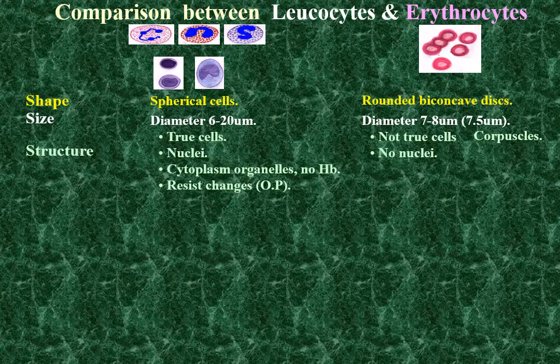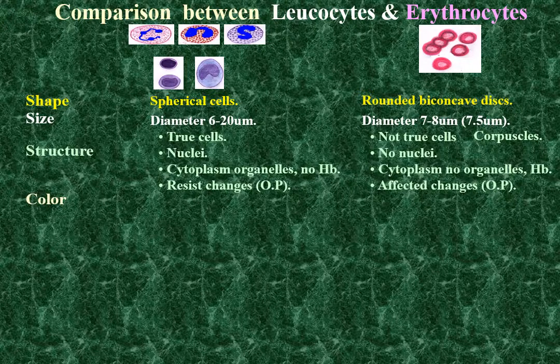Their cytoplasm doesn't contain organelles, but only a mass of hemoglobin. Their cell membrane is affected by changes in osmotic pressure. Hypertonic solution causes crenation and shrinkage of erythrocytes, while hypotonic solution results in hemolysis and rupture of erythrocytes with a discharge of hemoglobin.